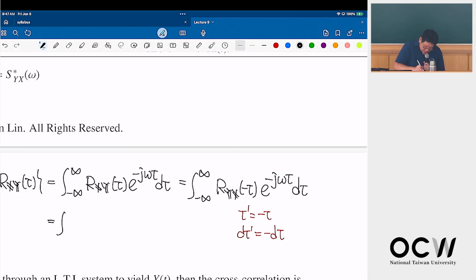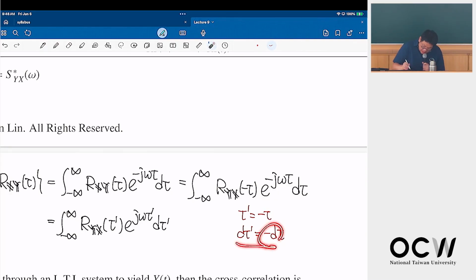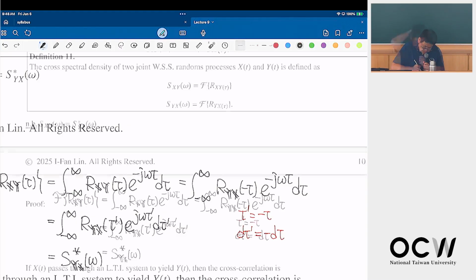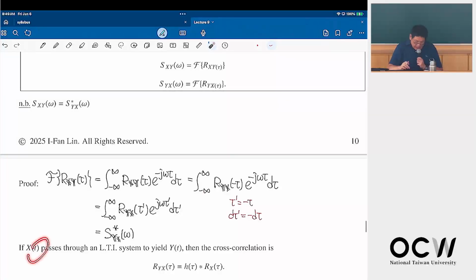This is the integration of R YX tau prime e to the j omega tau prime d tau prime. Since there's a minus sign, so I change this, and also a minus, so I change that back. Then we get this YX conjugate omega.